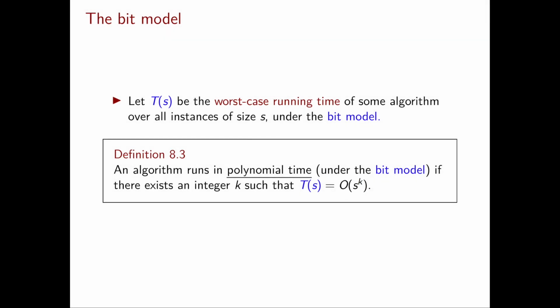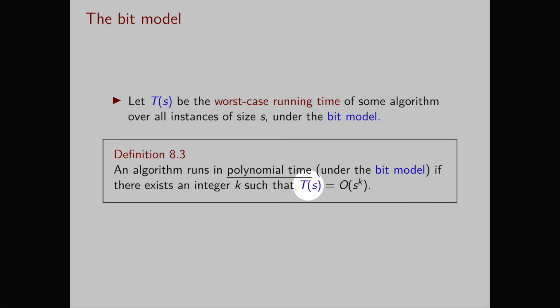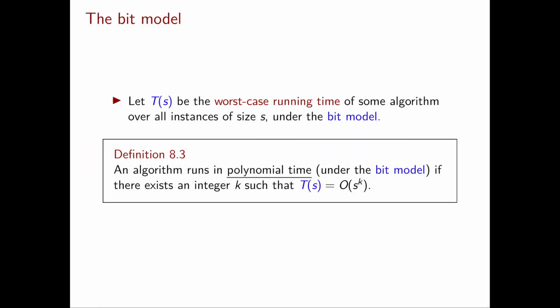So what are the differences between polynomial time algorithms under the bit model and polynomial time algorithms under the arithmetic model? The first one is that in the bit model, we measure differently the running time, because in the bit model we only consider single-digit operations. The second key difference is that under the bit model, the running time is a function of the size of the problem.